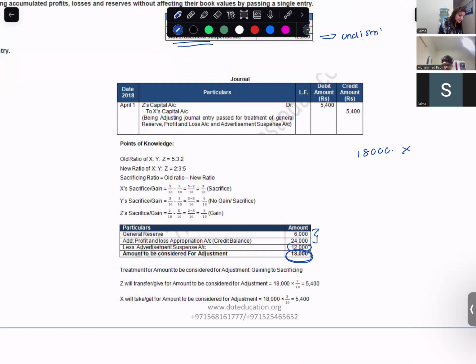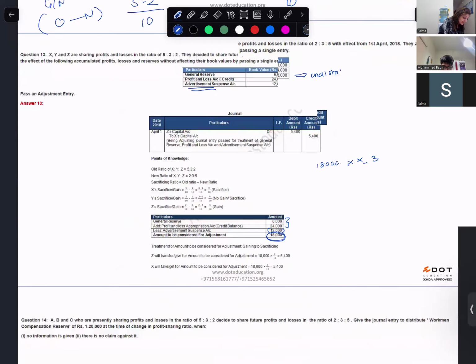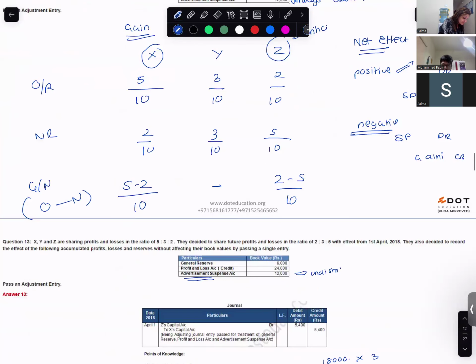So the gaining partner is going to get how much? X is gaining, right? No, sacrificing. I made a mistake. X is sacrificing because it's positive, and Z is gaining.